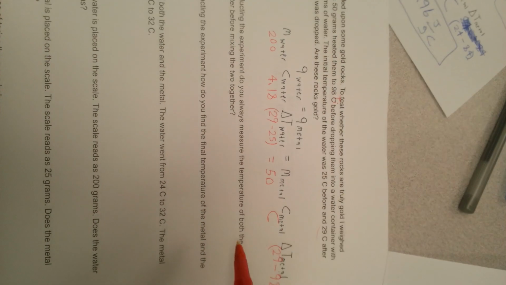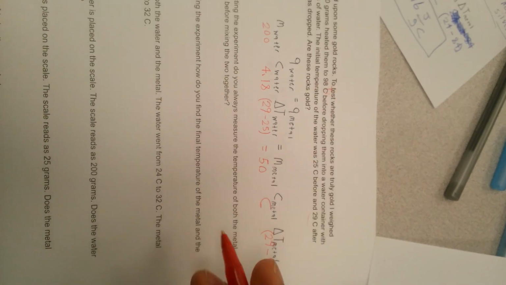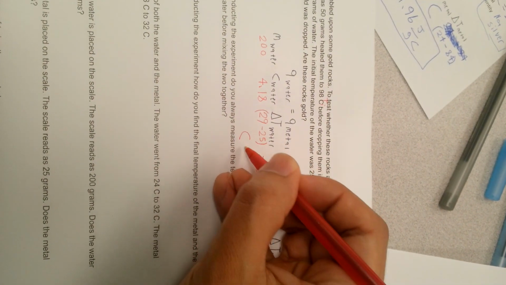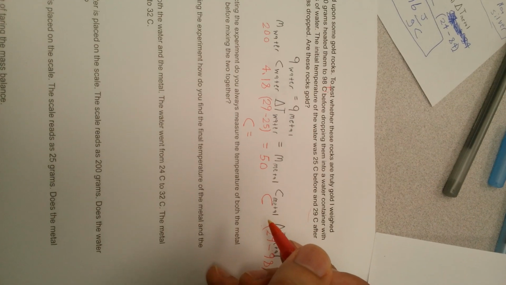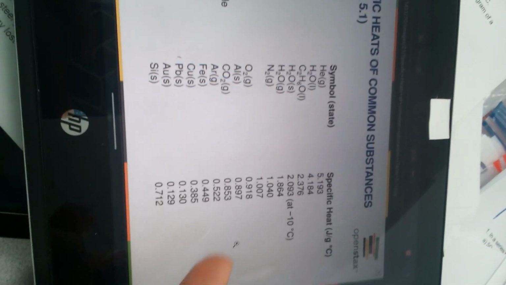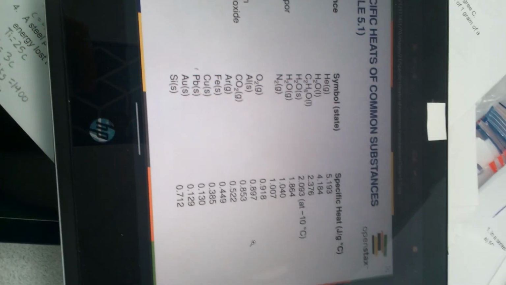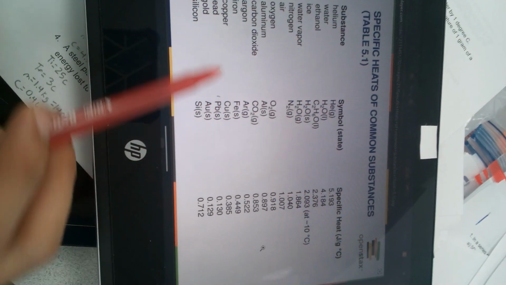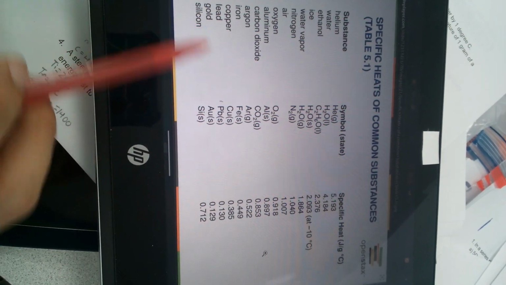So now that we've finished setting it up, we're going to put all of this into the calculator to see if the C will equal that of gold, which is 0.129. Right here on this table, we see that gold has a C of 0.129.